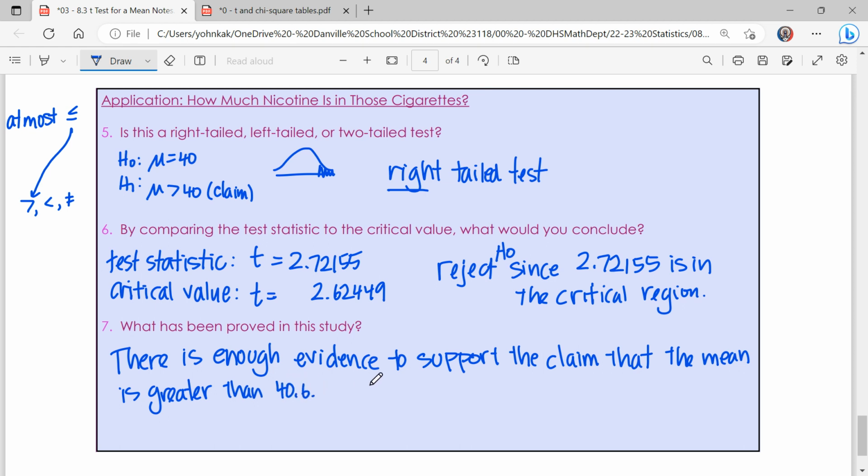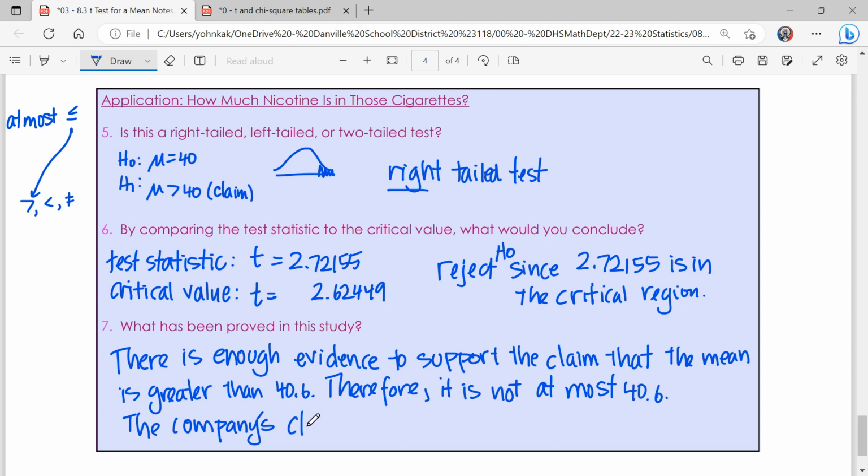Now, since it's greater than 40, we can't say that it's less than. So, therefore, it is not at most 40. And therefore, the company's claims are false. They lie.